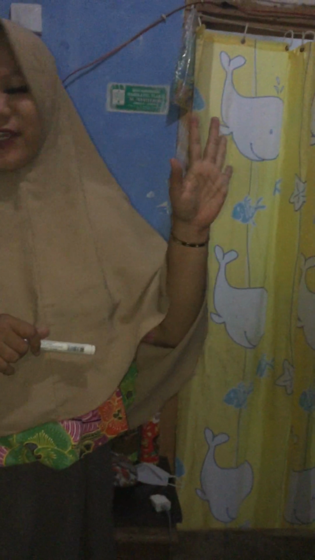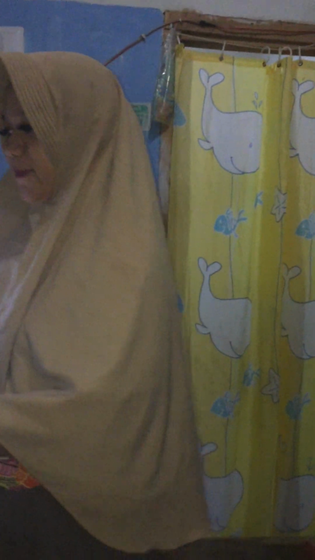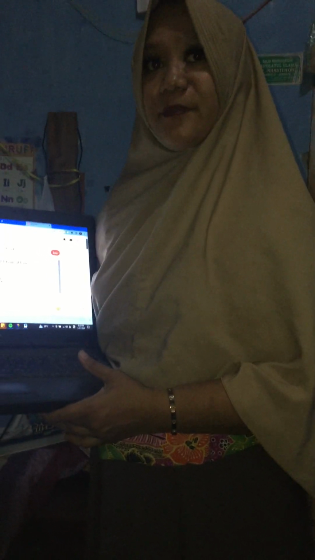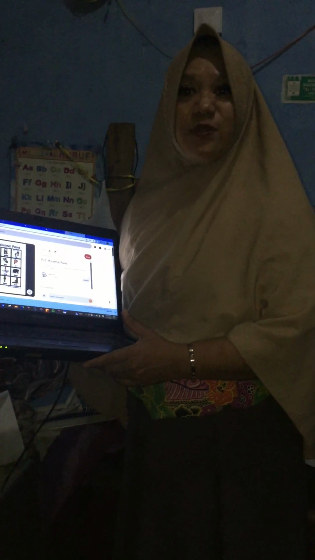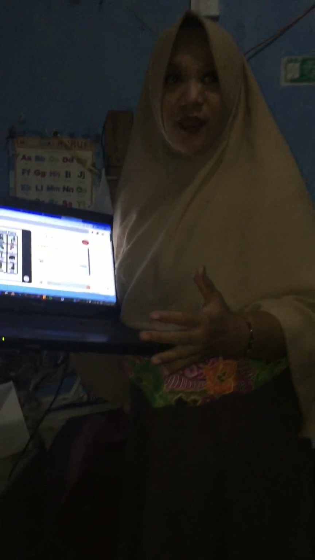And the fourth one, what is that? Anyone can read? Adil, can you read? It's beans and beans. Very good, nice. Okay, Cindy, can you read the next one, please? Bear and pear. For this one, most of the students pronounce it like pear, but the correct pronunciation is bear and pear.